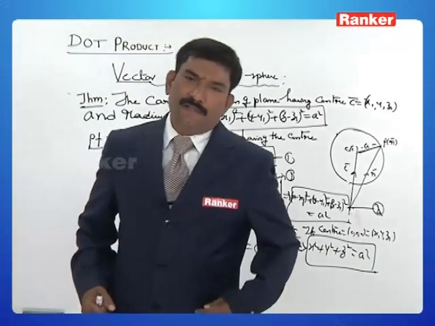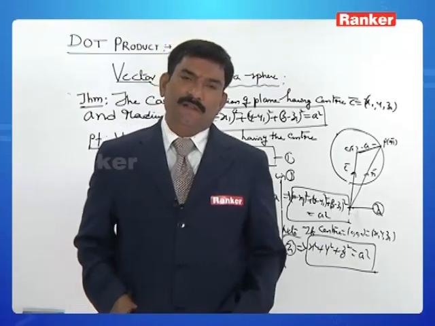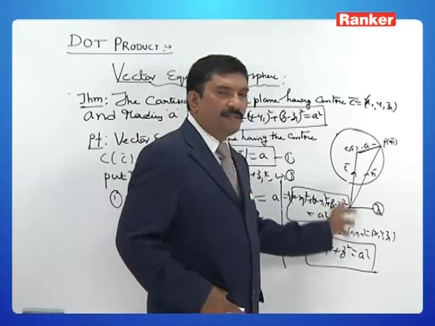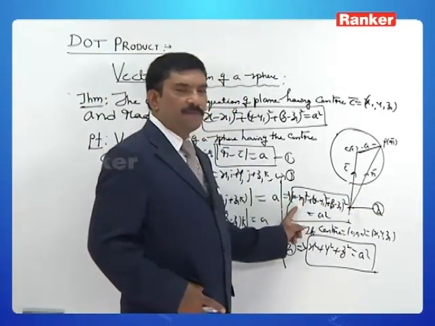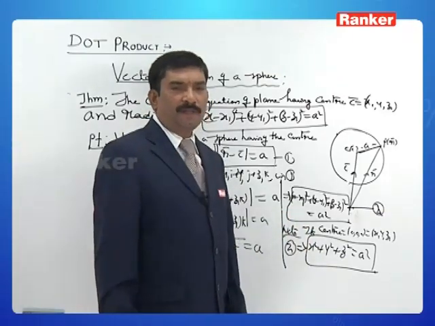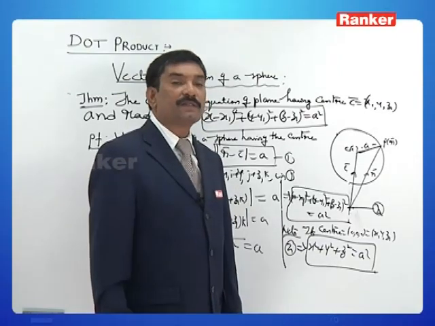This represents the Cartesian equation of a sphere having the center x1, y1, z1, given by x minus x1 whole square plus y minus y1 whole square plus z minus z1 whole square is equal to A square.